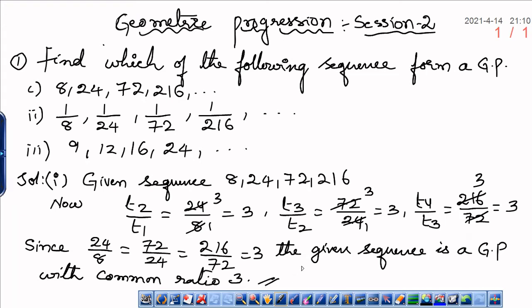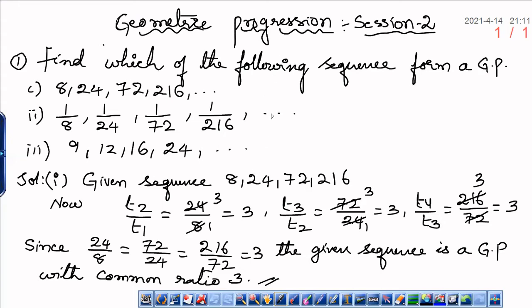Here ends the problem. So we have shown that the given sequence is a GP because the common ratio is 3, so the ratio between the two consecutive terms is the same.